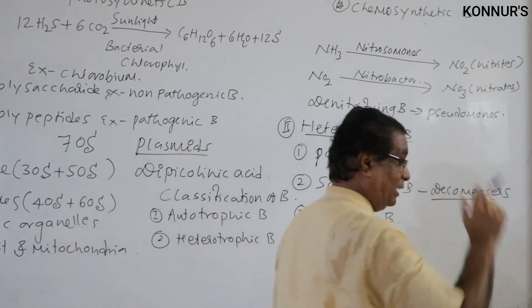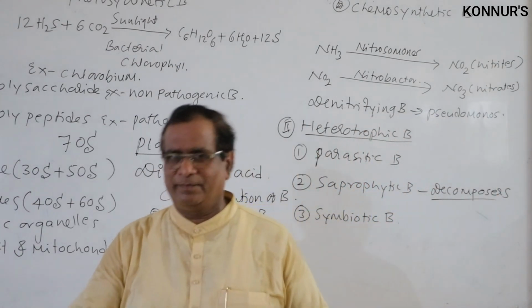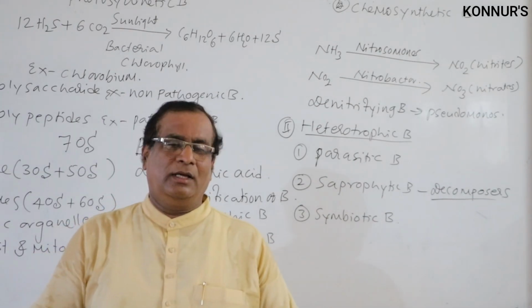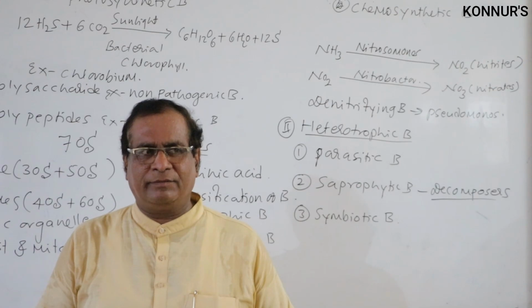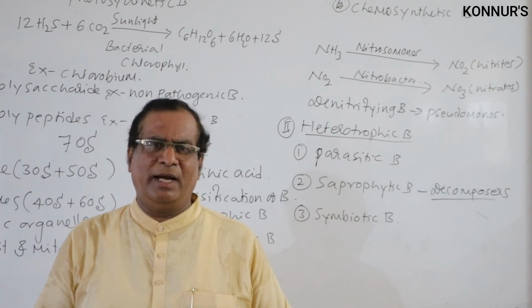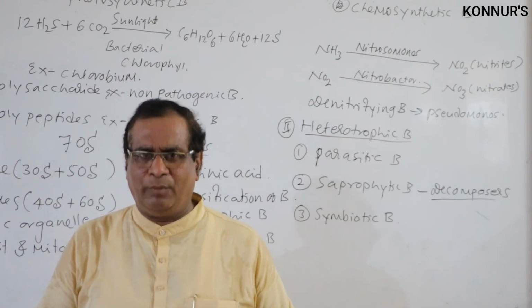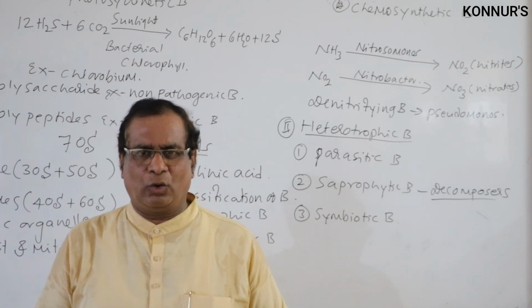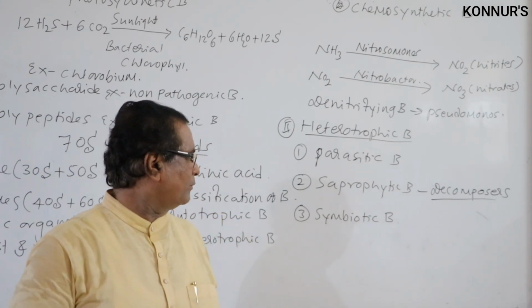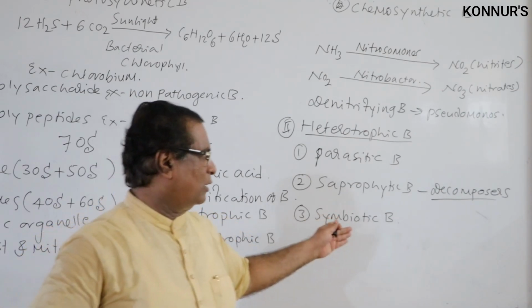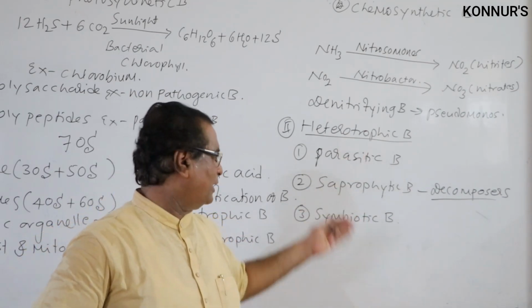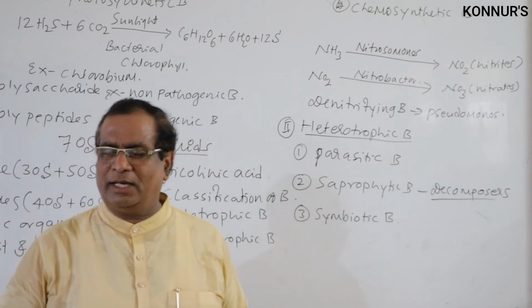Another name is natural scavengers. They are the cleaners of nature. They clean nature by decomposing all the dead bodies and dead organic matter. Clostridium and Pseudomonas are examples of saprophytic bacteria.